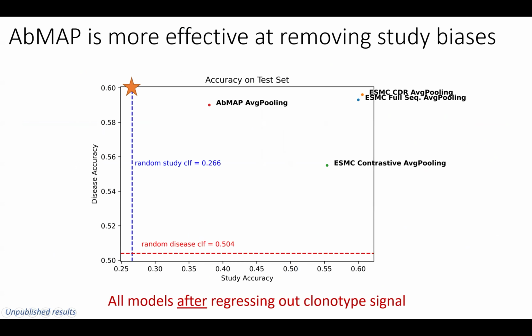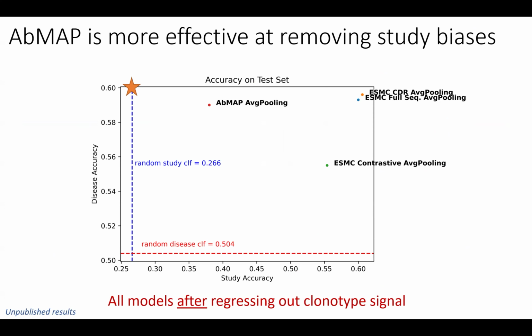And so in this figure, I am essentially showing you the trade-off of study accuracy versus disease accuracy. Along the x-axis is how accurate each representation is at separating studies. And here you want to be as low as possible. Along the y-axis is how accurate the model is at predicting disease and here condition.